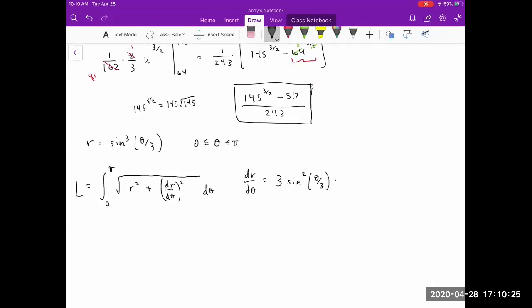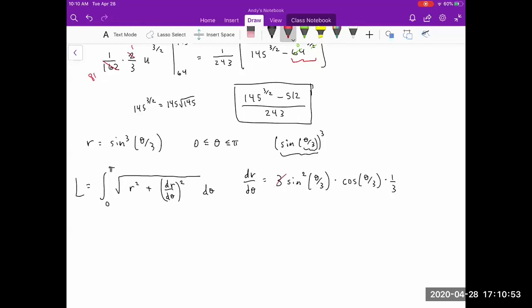Now the inside is sine of theta over 3, because I'm treating r as sine of theta over 3 all to the third. So by chain rule, derivative of that is cosine of theta over 3. And then derivative of that inside by chain rule again is 1/3.